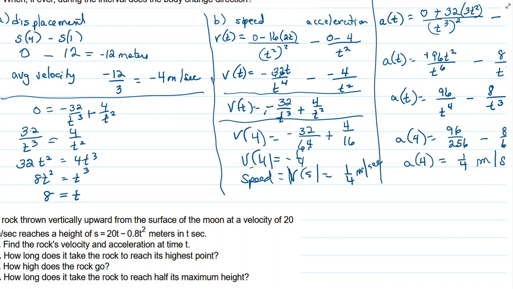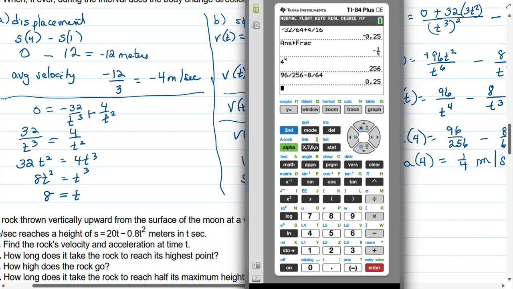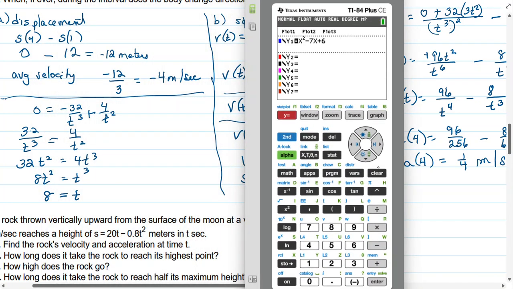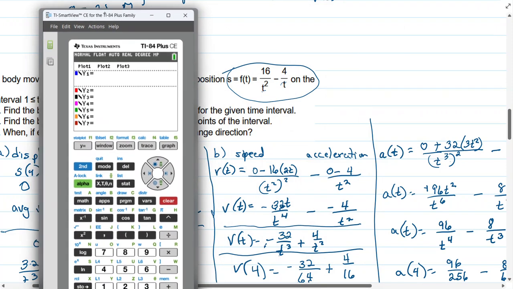I don't know. I could graph it. Let's see what shows up on my graph if I did good math. Did it go negative on me? Is that what happened?